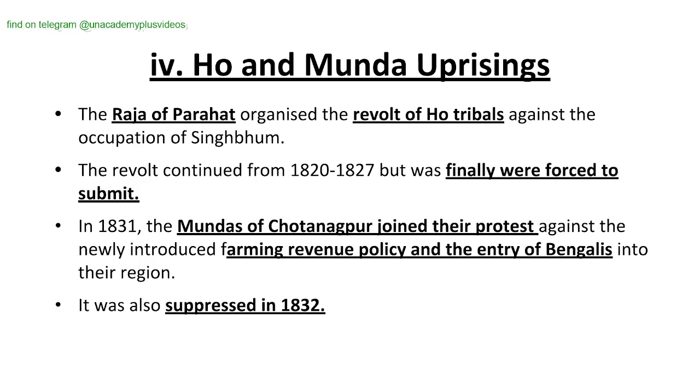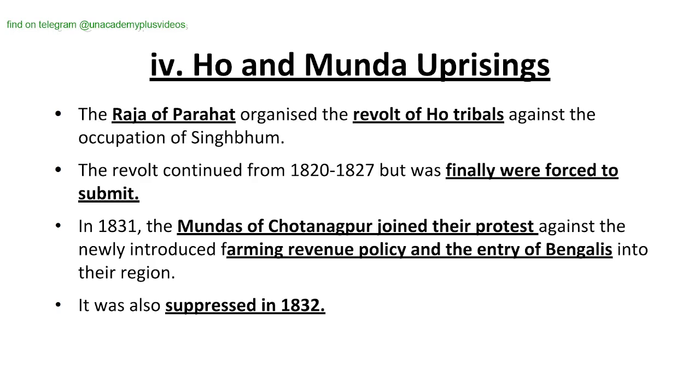Ho and Munda uprisings. The Raja of Parahat organized the revolt of Ho tribals against the occupation of Singhbhum. The revolt continued from 1820 to 1827 but they were finally forced to submit. In 1831, the Mundas of Chotanagpur joined their protest against the newly introduced farming revenue policy and the entry of Bengalis into their region.